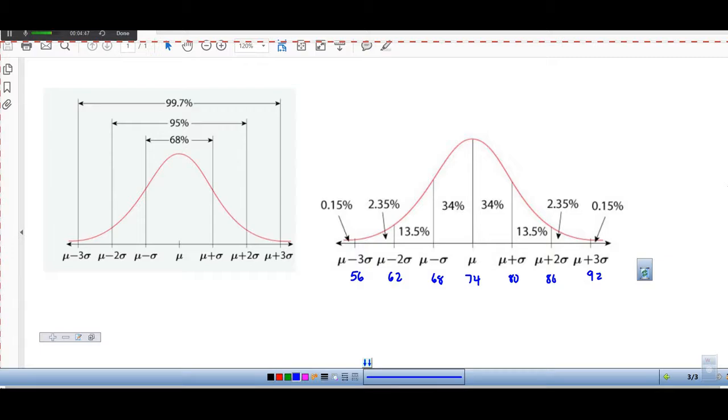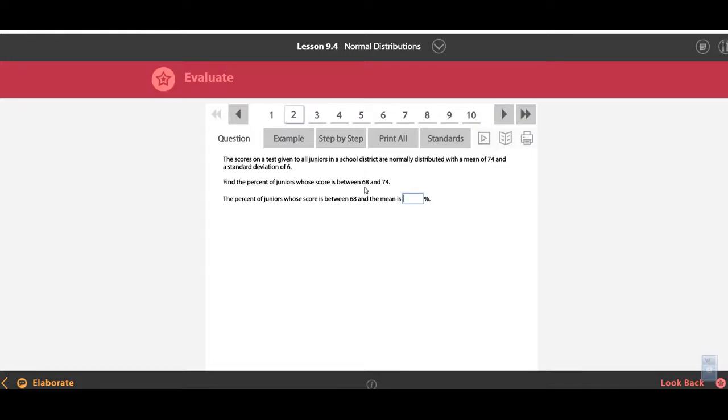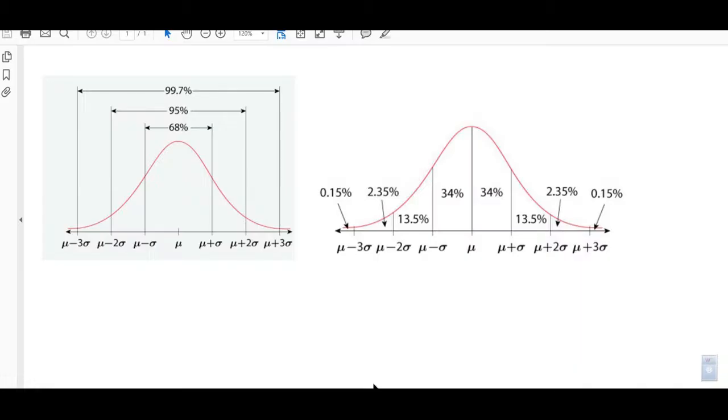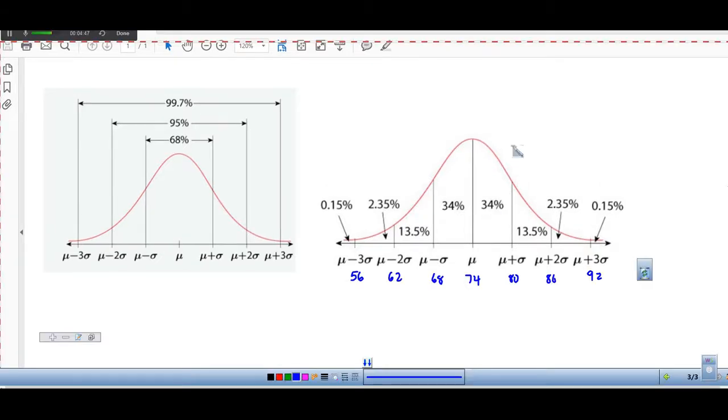So what did they ask us for? They want us to be between 68 and 74. Between 68 and 74 is right here. So what percentage is right there?